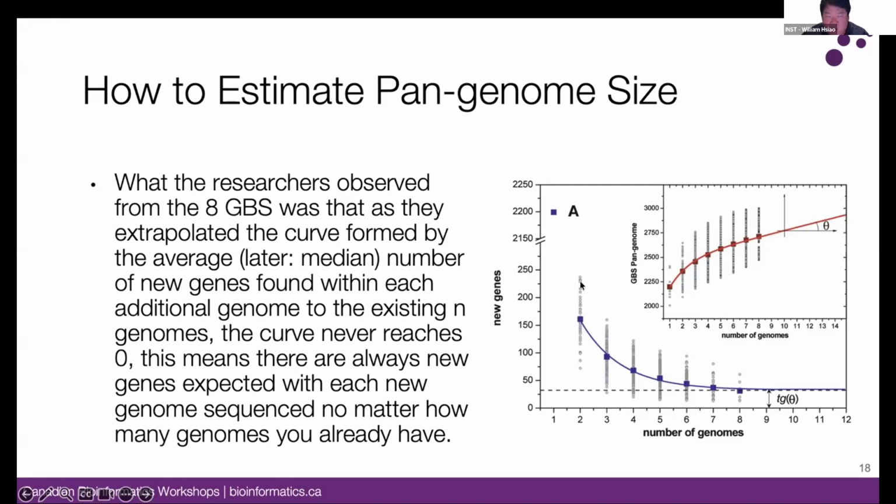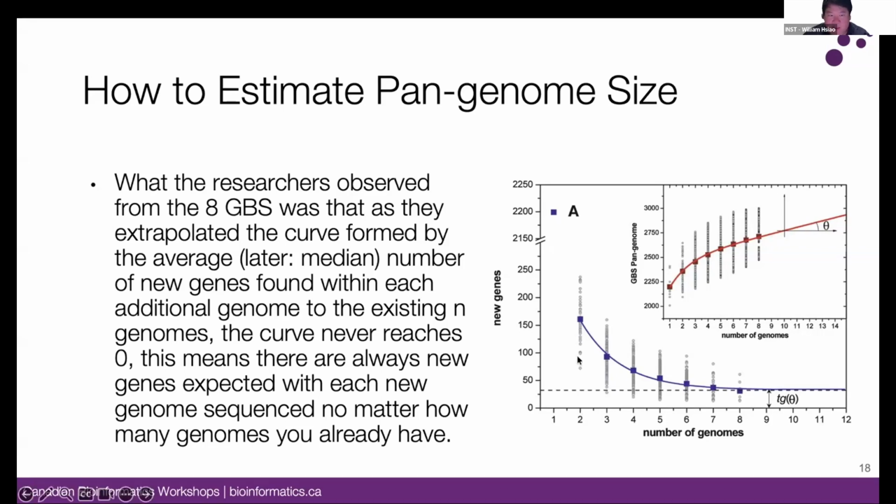So each of these dots essentially represent a comparison. Of the 8 genomes, you have 2 that's already, you consider that as a quote unquote reference you're comparing to, and each of the 8 then is in turn compared to the 2, and you do that for all 8, right?